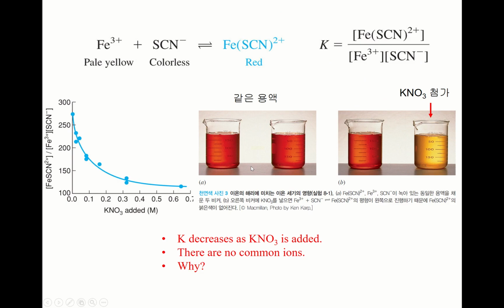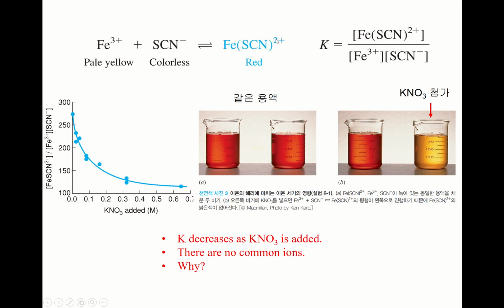Here is a demonstration of this ionic atmosphere. You see the ferric ion takes a pale yellow color, not very strong, but a very weak yellow color. But the thiocyanate ion is colorless. When they make a complex, it takes a very strong red color. Look at that, these two, because the solution is the same.